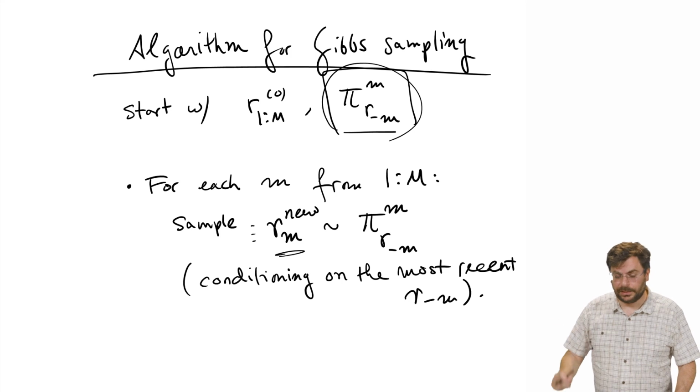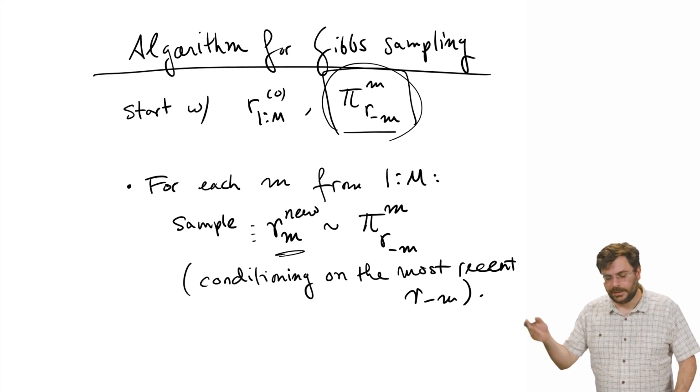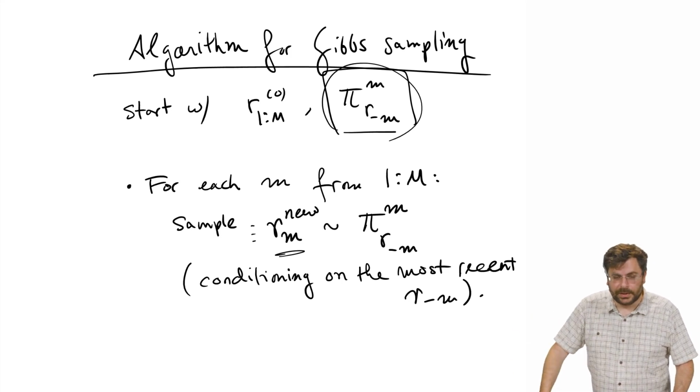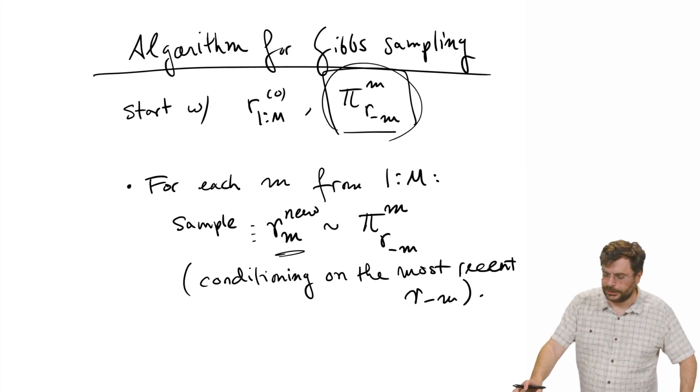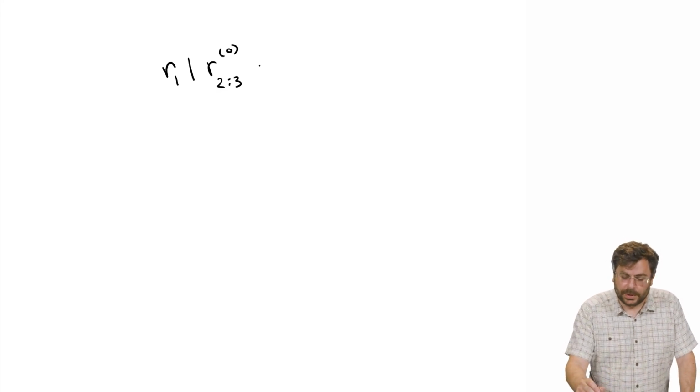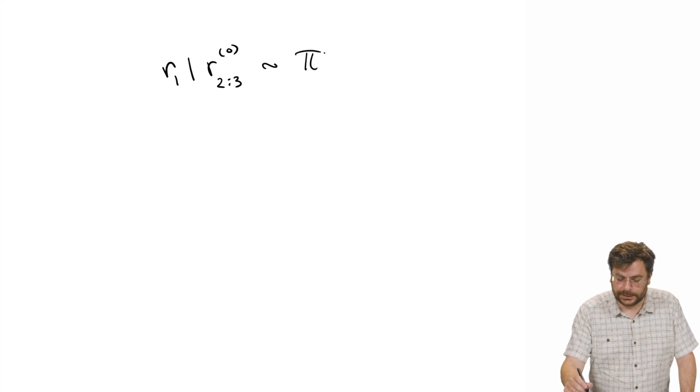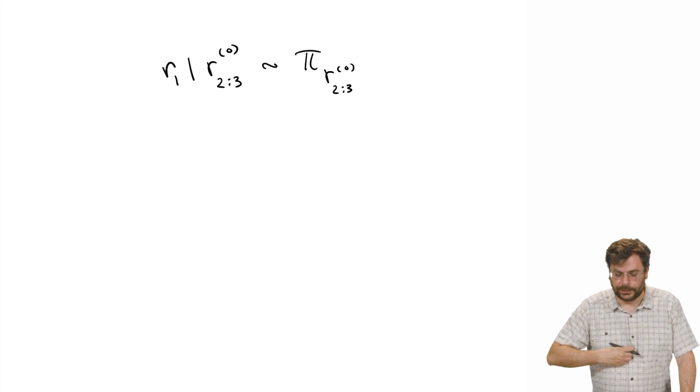It has certain requirements, ergodicity, feasibility, and so on. Those are not violated by swapping the order of the variables from which I draw my sample. So for example, let's suppose we have a three-dimensional distribution. I can draw R1 given R2 and R3, and this will be drawn from a distribution that depends on R2 and R3.